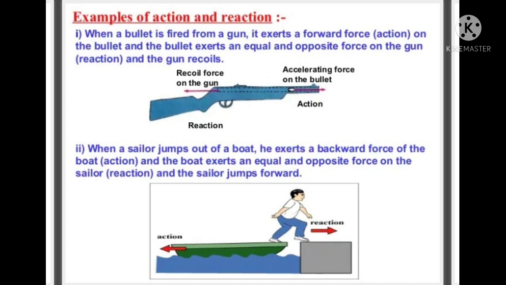Examples of action and reaction. When a bullet is fired from a gun, the gun exerts a forward force, action, on the bullet, and the bullet exerts an equal and opposite force on the gun, and the gun recoils.